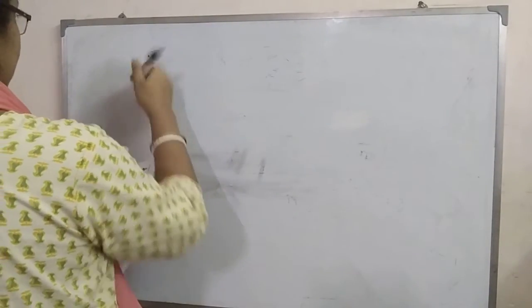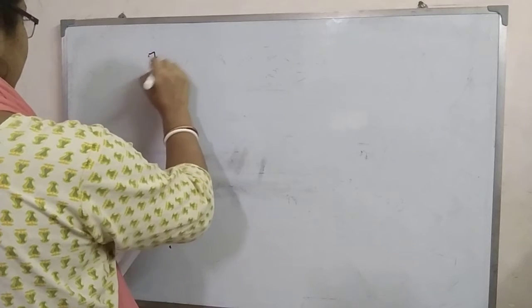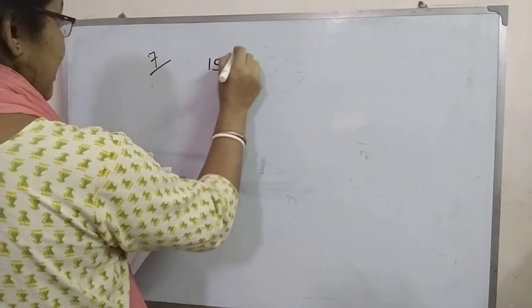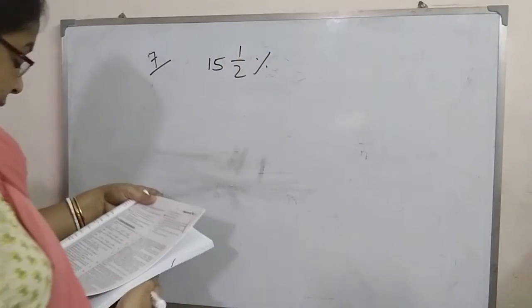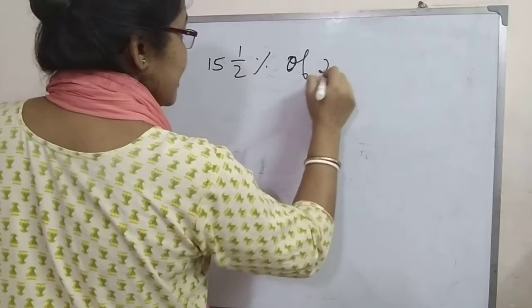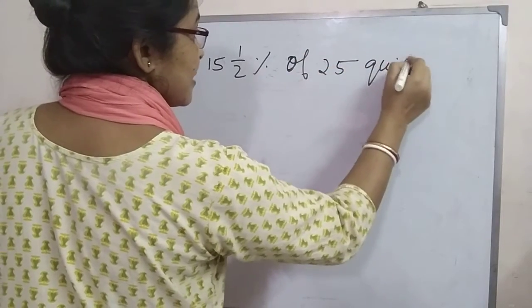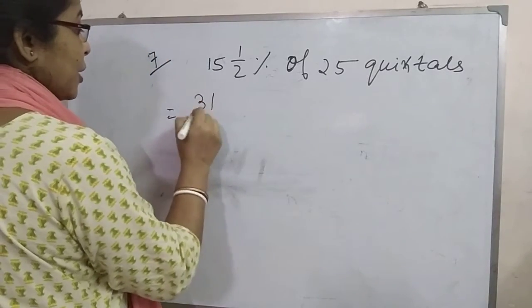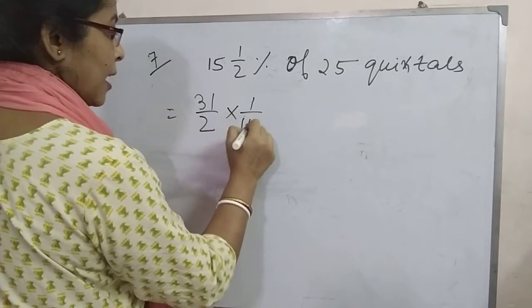Sum number 7. Find the value of 15.5% of 25 quintals. That is equal to 31 by 2 into 1 by 100.